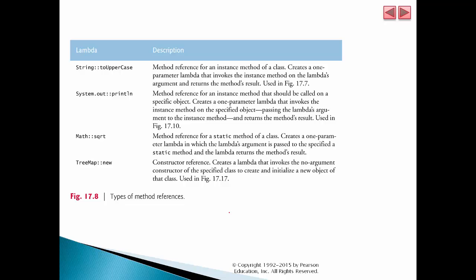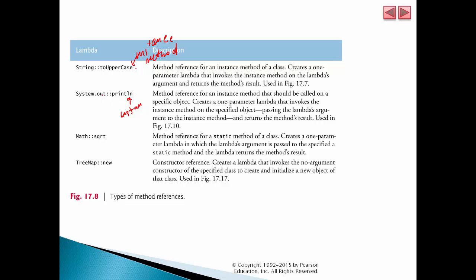Okay, good. So we discussed that. These are some examples. As you can see, we are referencing the instance method. This is the instance method. This is the instance method. This is also an instance method, right? So we got an instance of out, which is our standard out.